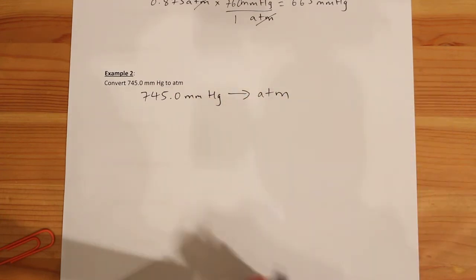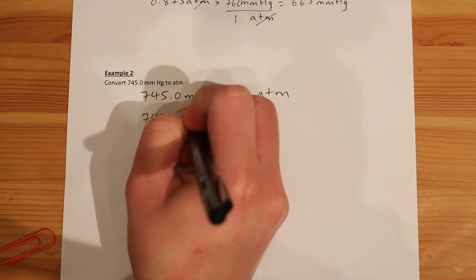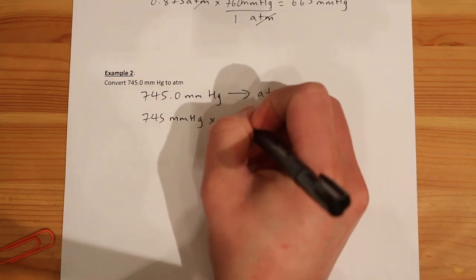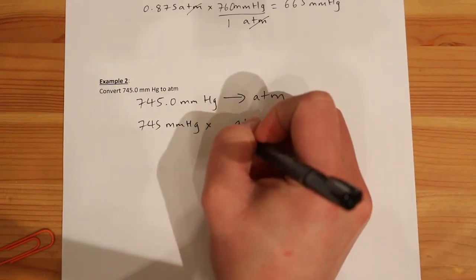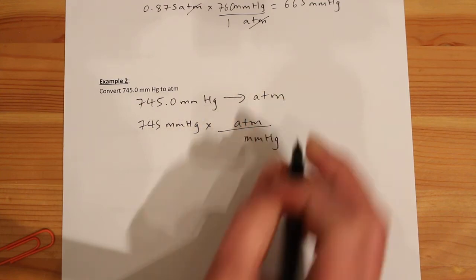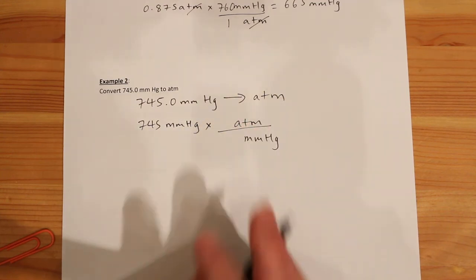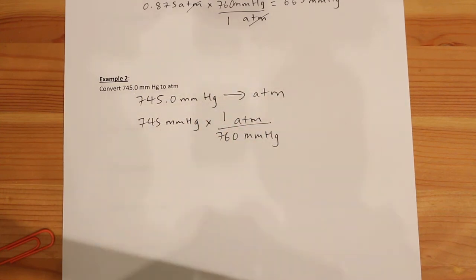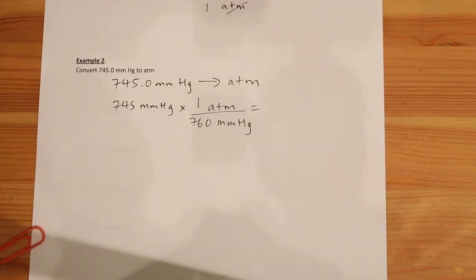So again, we're going to take what we have, which is 745 millimeters of mercury, and we're going to multiply it by what we want to gain, which is atmospheres, and divide by what we want to lose, which is our millimeters of mercury. Okay, then we plug in our conversion factor, which is 1 atmosphere for every 760 millimeters of mercury. Put that in our calculator.